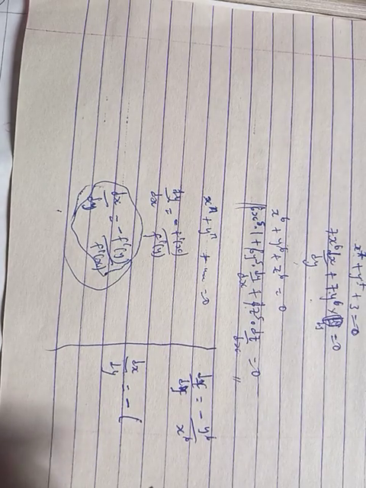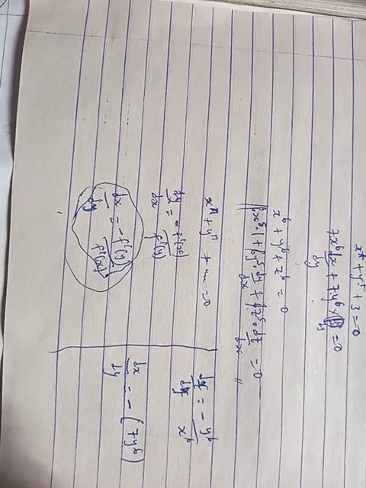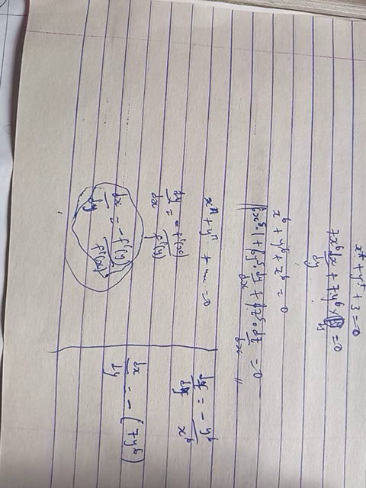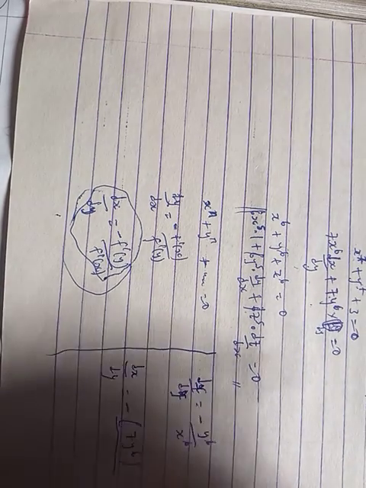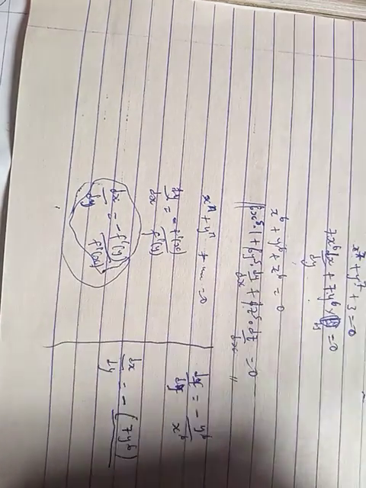So now you have 7y power 6. Then the down one, you do the same to the x. Remember, I told you that it is only limited to two variables. So let's move on. We will have it over the differential of x power 7.